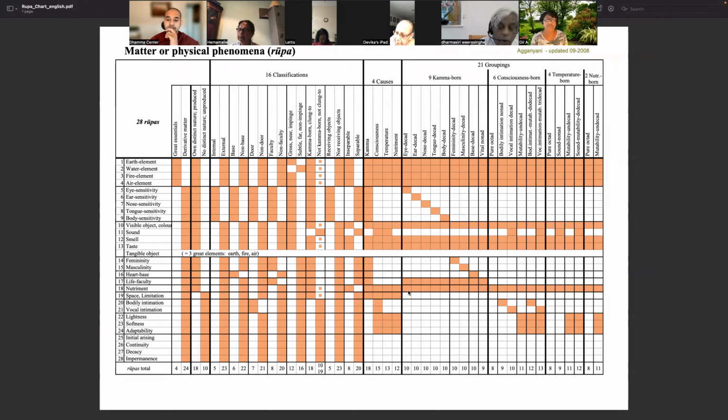And so the Jivitendriya is maintaining the life in those Karmaja Rupas. So when it comes to consciousness, temperature, and nutriment, Jivitendriya is not there, as we see in the chart. What persists life in these 3 groups is specifically nutriment.